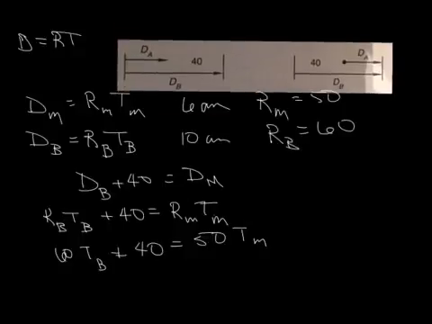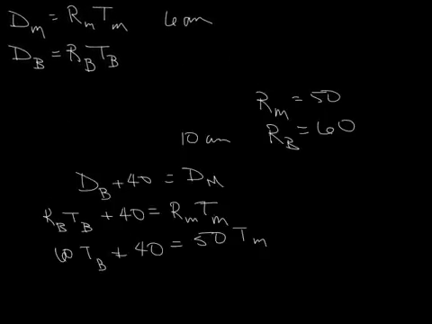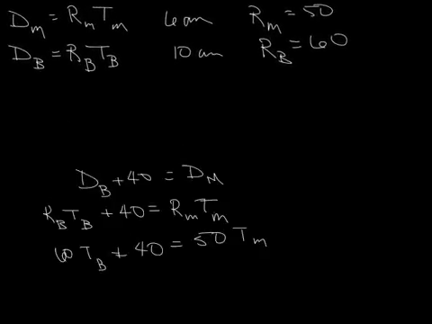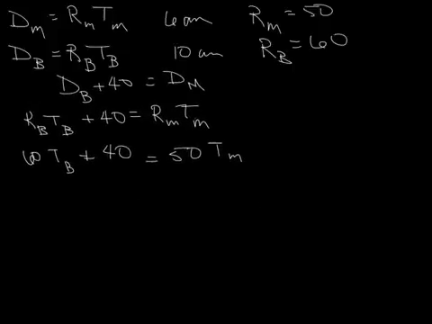Alright, so let's move some stuff around here. We can move this up and move that up. Give myself some more space here. Notice what we have here. I have a TB and a TM. I have two variables. I don't like that. I can't solve this when I have one equation and two variables. This is my equation.